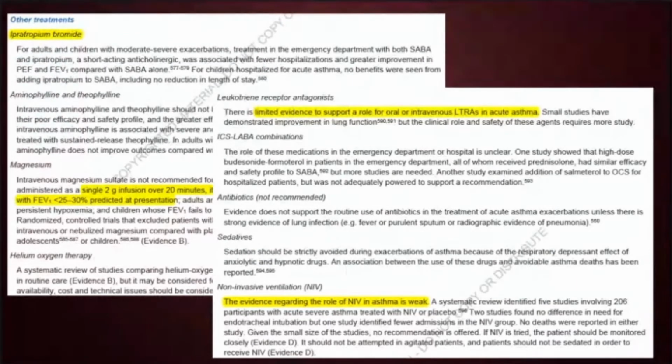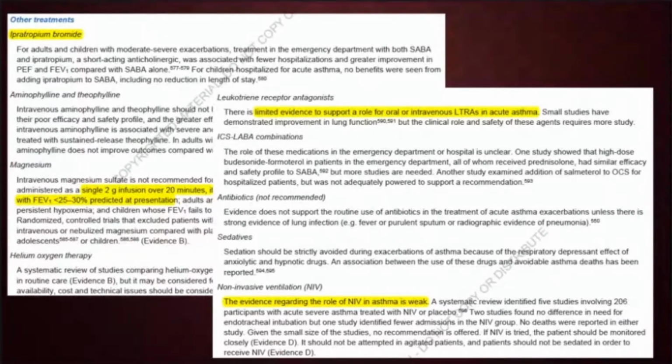So basically, we just need to remember that mild cases of exacerbation can be managed at home by increasing their usual reliever medication, adding on oral steroids at home, or even adding leukotriene receptor antagonists. Whereas if they're not responding to home therapy, they need to come to the hospital, and in the hospital we can be more aggressive.